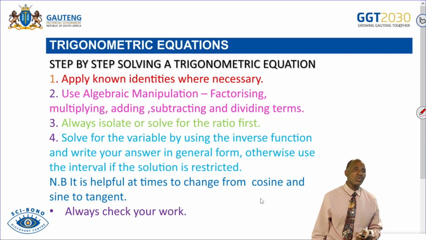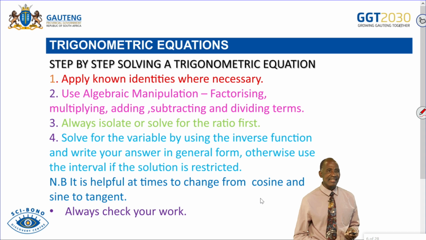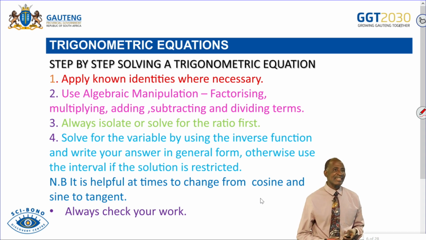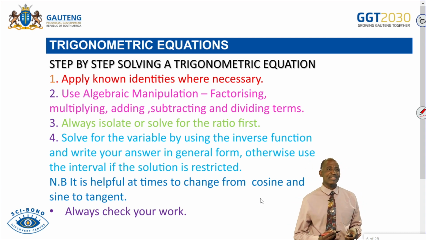The question is, how do we solve trigonometric equations? Step-by-step solution of a trig equation. One, you need to read your question carefully and then apply known identities where necessary. Some questions may not require identities. They may go straight to algebraic manipulation, which is factorization, multiplication, addition, subtraction, and division of terms.